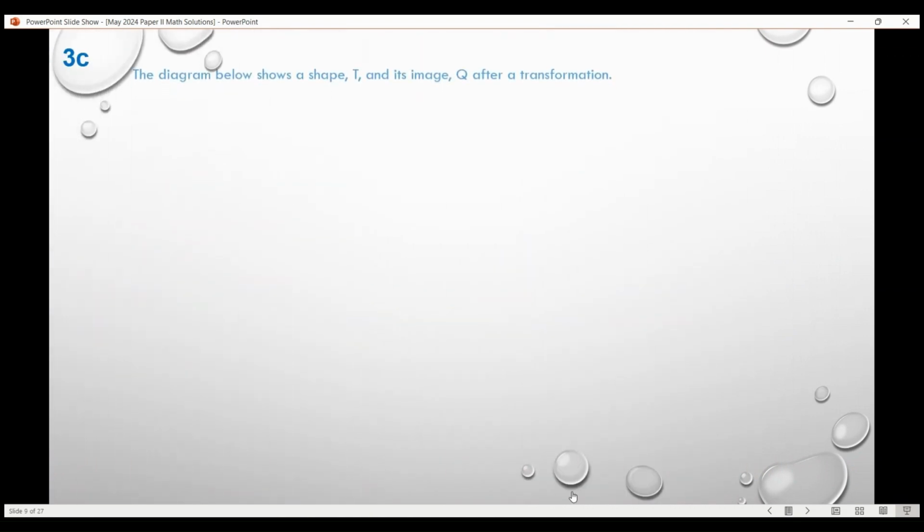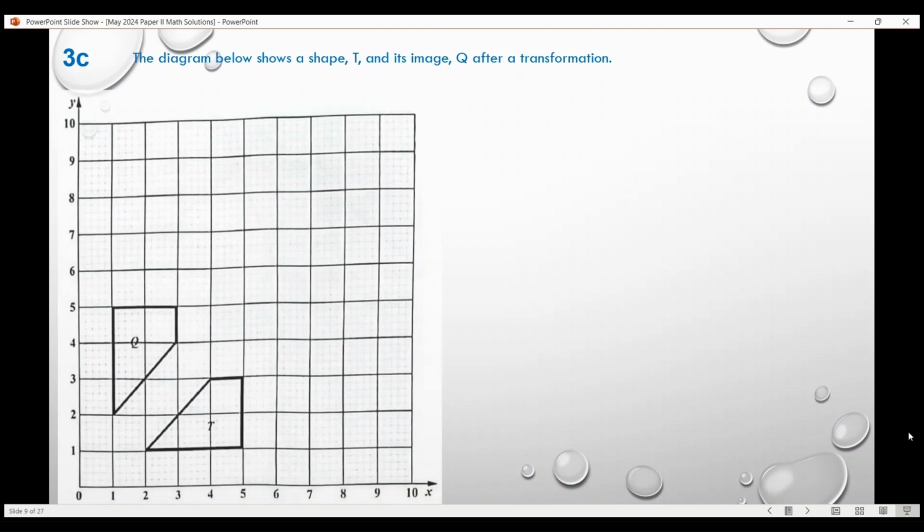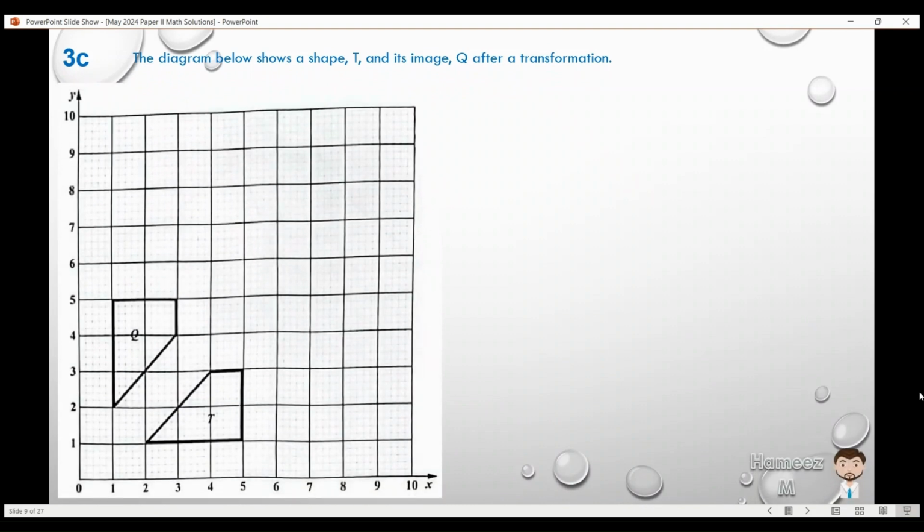Number 3C. The diagram below shows a shape T and its image Q after a transformation.